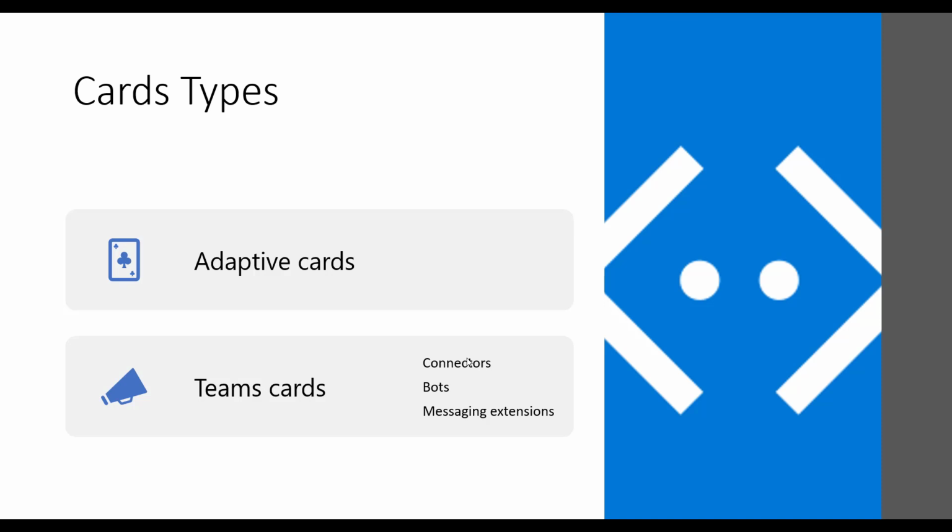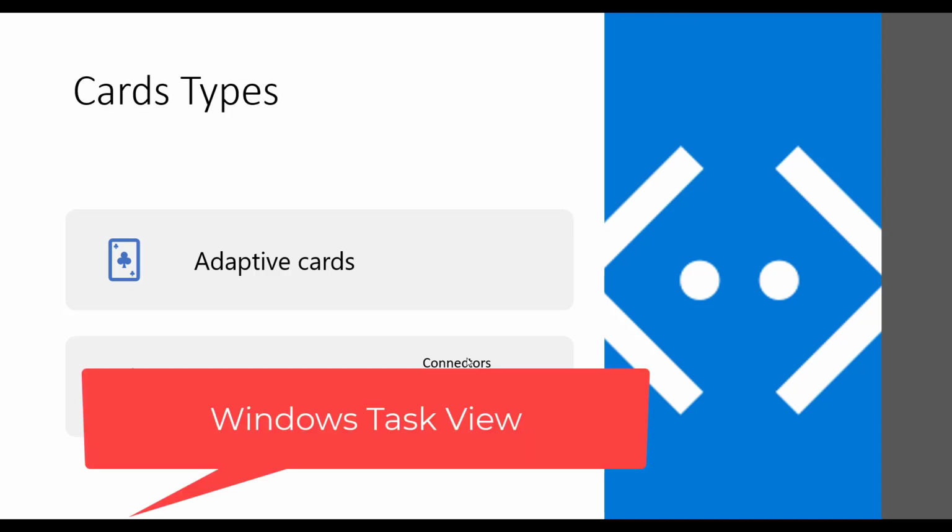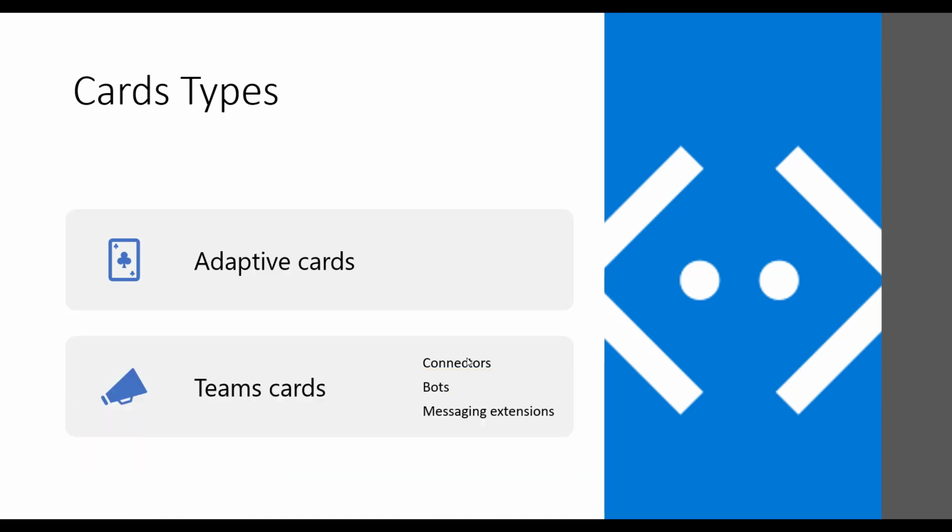Like for example, Windows Terminal, you can see some of the cards there, and Skype and Teams started using them. Bots also, and we will see the bot cards in the next slide.